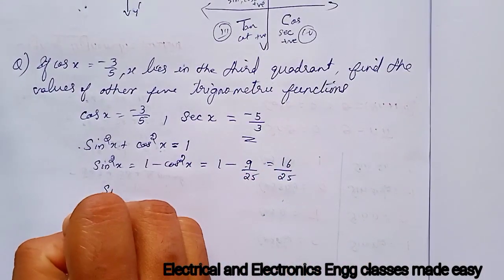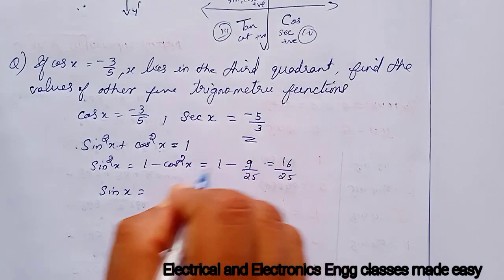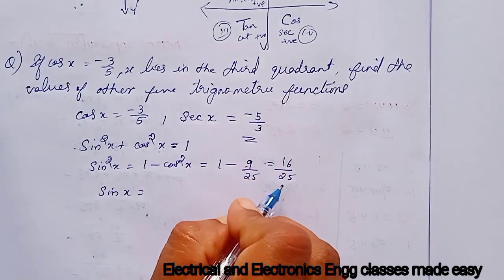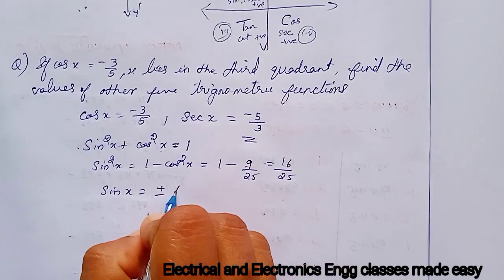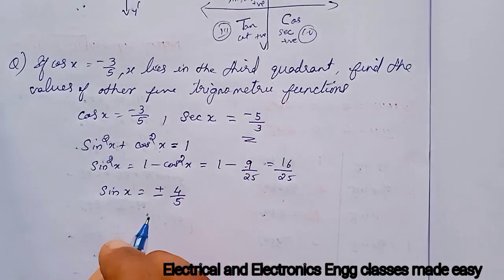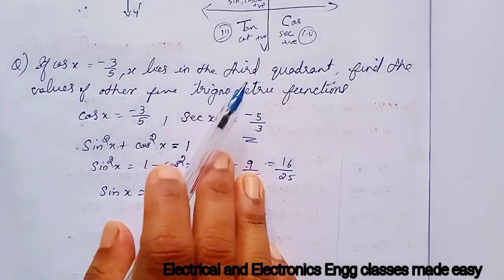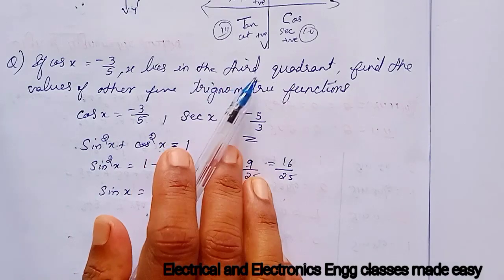So sin x is equal to the square root of 16 divided by 25, that is plus or minus 4 divided by 5. And it is given that x lies in the third quadrant.